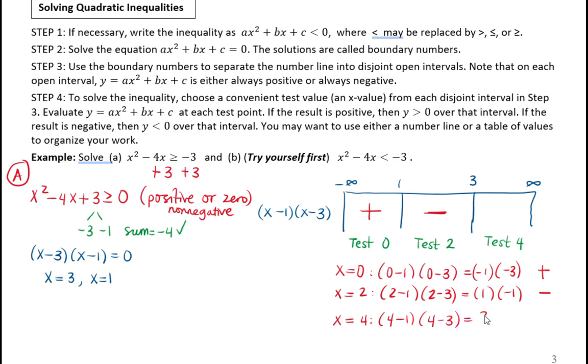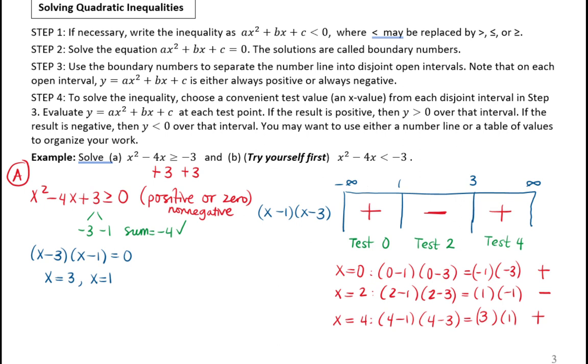That's going to be 3 times 1, so that's going to be positive. So I put positive here. Now, as you can see, my expression becomes positive before 1 and after 3, but between that it becomes negative. So you can use this whole process for part 2 to solve part 2.